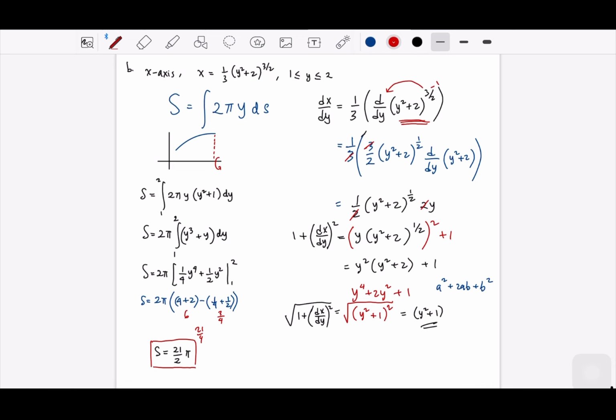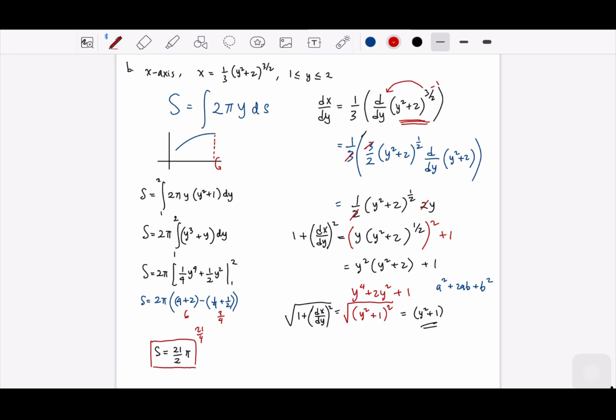Sometimes, if you misunderstood the previous lecture, maybe you will feel that if we have 2 pi y and y is a function of x, then it will be dx. And the other one is 2 pi x and it should be a function of y and it should be dy. No, that's not the case.